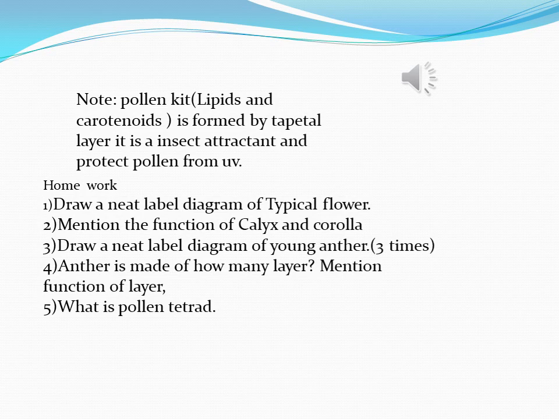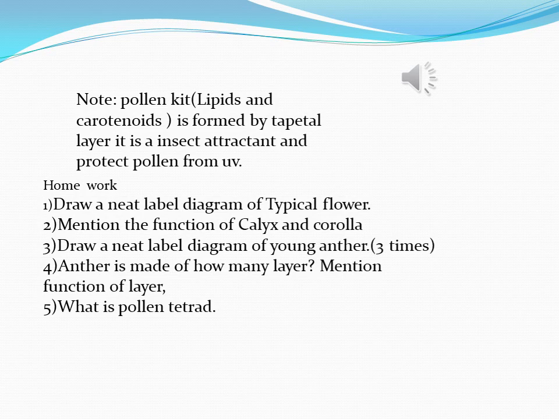So in the last slide we have discussed the microsporogenesis process. Microsporogenesis means the formation of spores, right? So sporogenous tissue goes on further dividing and forms the pollen mother cells. There are numbers of pollen mother cells formed, but not all of them are active.